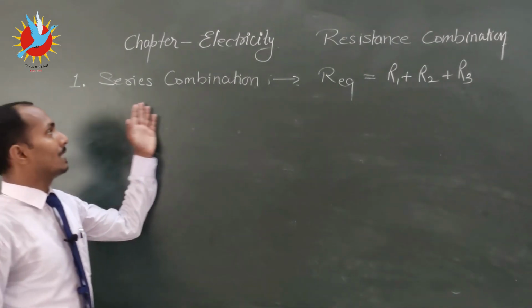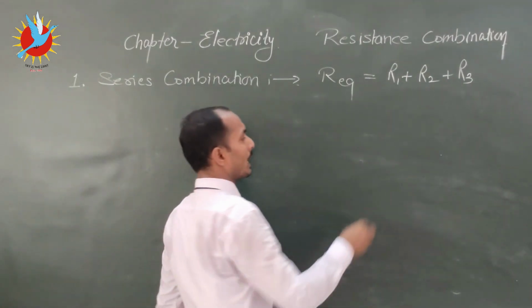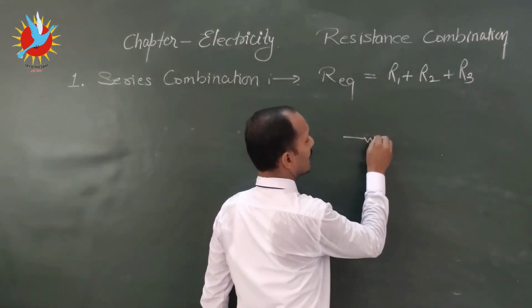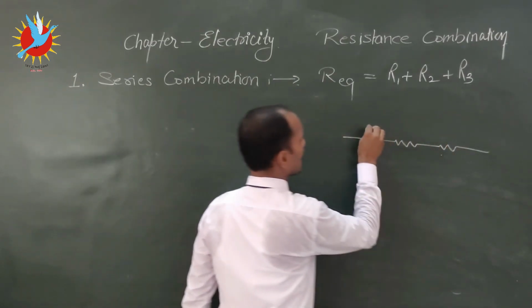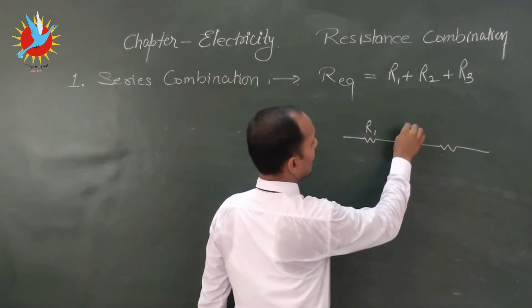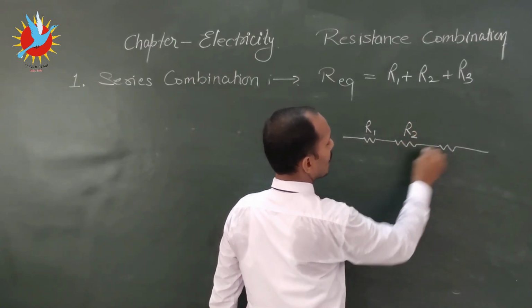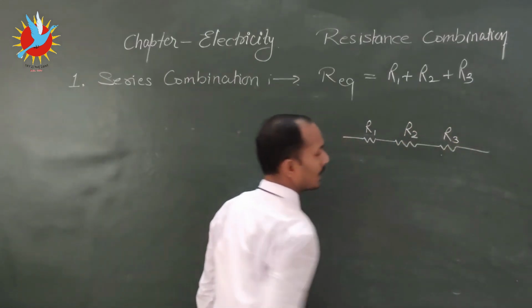Since this is a series combination, take 3 resistors in series. This is resistor R1, this is resistor R2, and this is resistor R3.